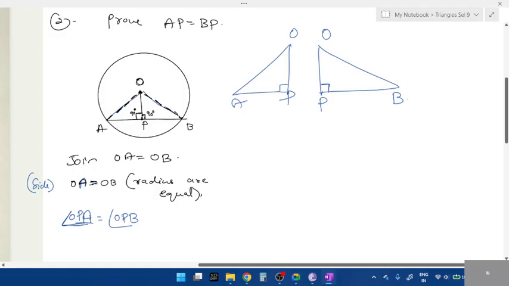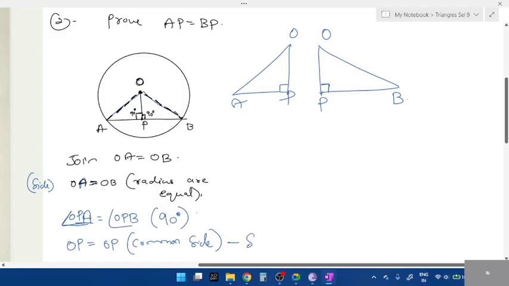And what kind of angle are these? Is it a right angle? Yes, right angle, 90 degrees. Next, tell me what else is common to both. Who can figure out what else is common? Very good. Side OP is common to both, right? OP is equal to OP. What's the reason I told you all? Common side.